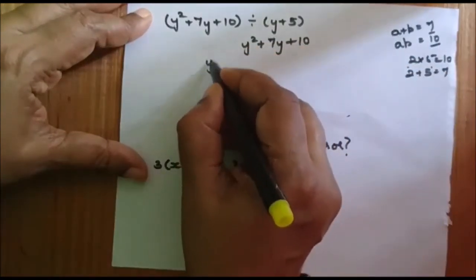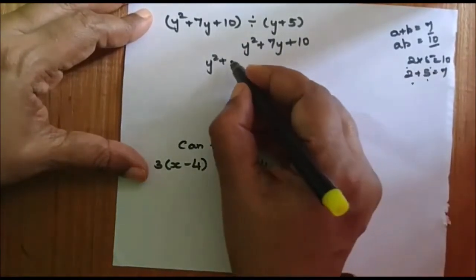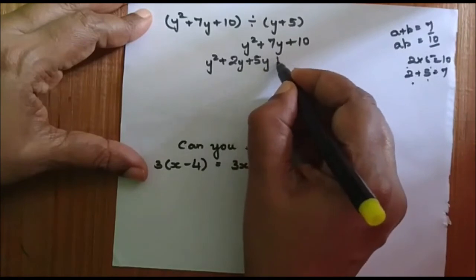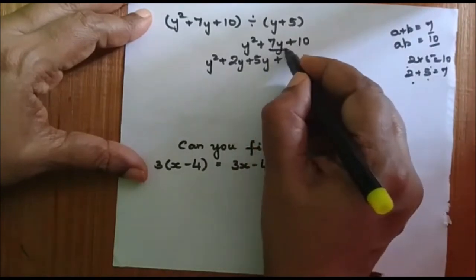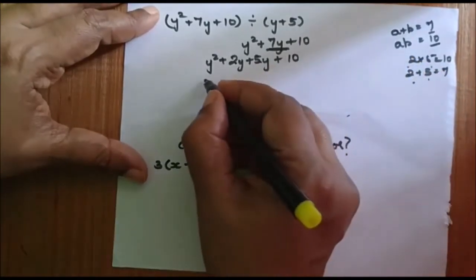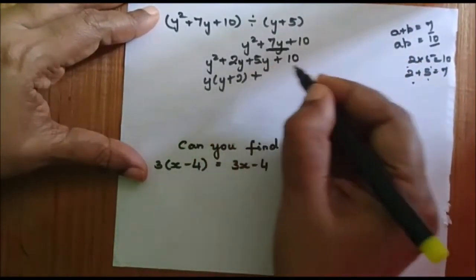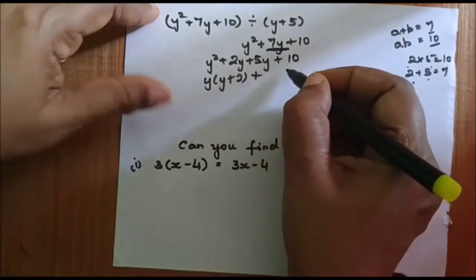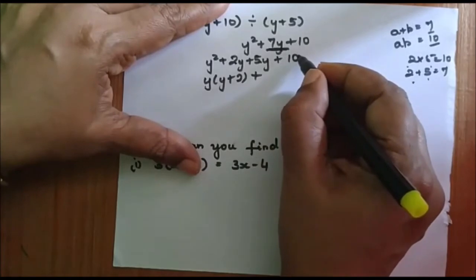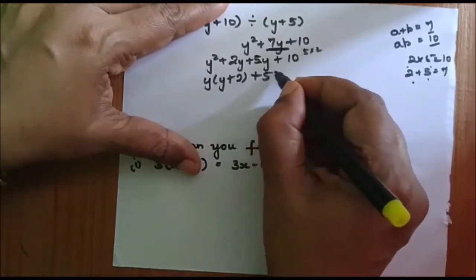So this can be written as y squared plus 2y plus 5y plus 10. I hope this 7y is written as 2y plus 5y. So this can be written as y into y plus 2 plus, I take 5 out. 10 can be written as 5 into 2, isn't it? So 5 is common.